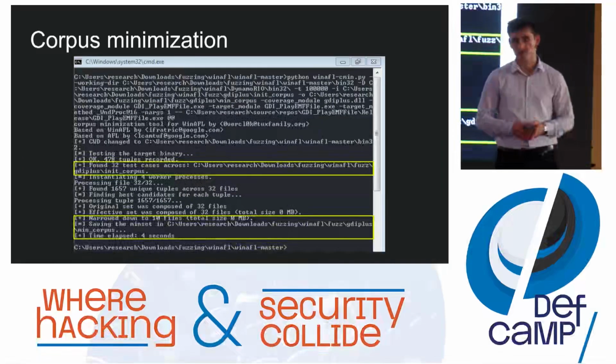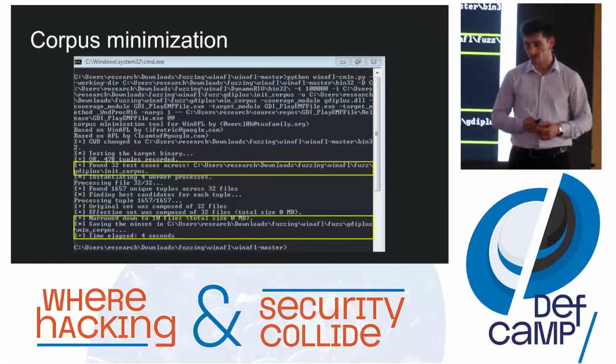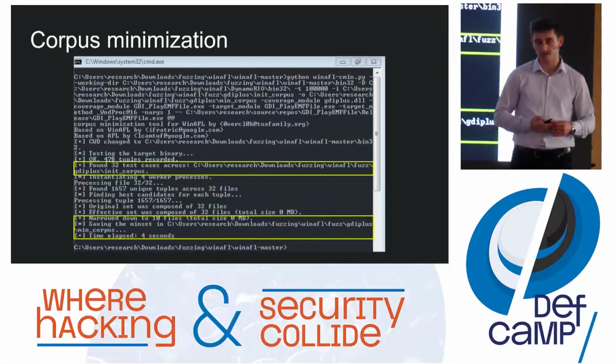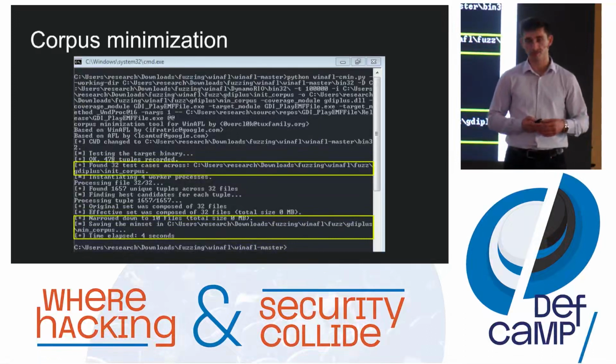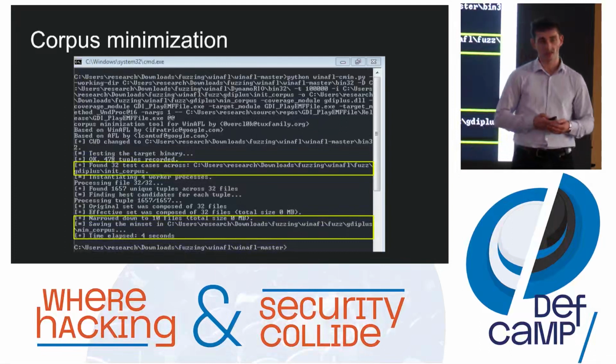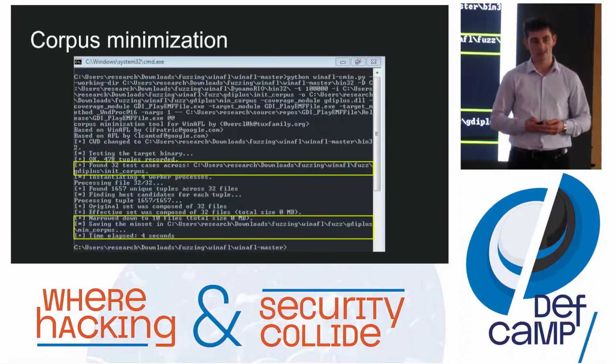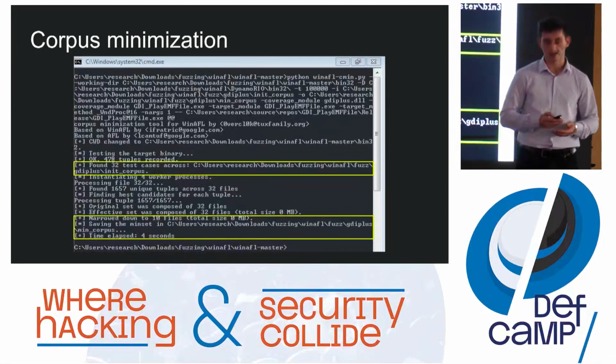Another thing that you want to do when you're fuzzing is to try to limit the number of samples that you're feeding the fuzzer. If you're not doing that, and if the samples are pretty similar, then your fuzzer will waste useful CPU cycles on samples that are not contributing to the code coverage very much.